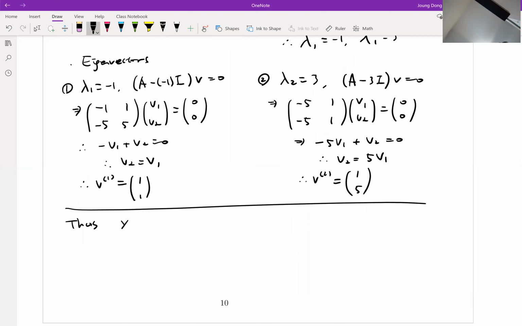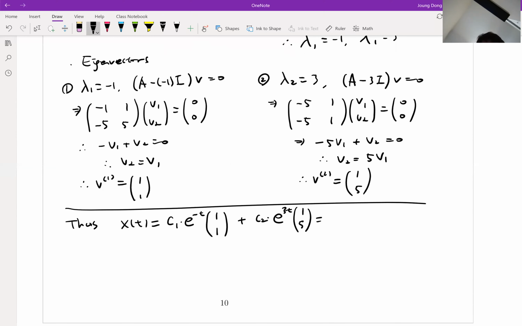Okay, then with these two, we can set up the solution like that: C1 e to the minus t times 1, 1 plus C2 e to the 3t times 1, 5. For this case, let me combine it as one matrix.